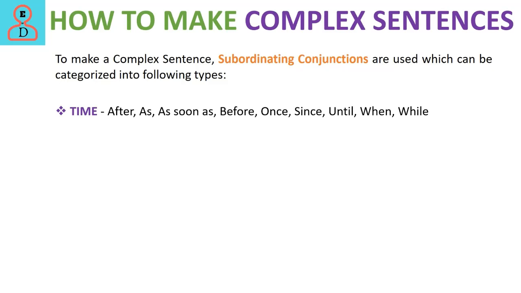In this category, the dependent part of the sentence will depend on the time. That means here time is the condition for the second part to happen. Please carefully observe the words which are given here that are used to put a time condition.